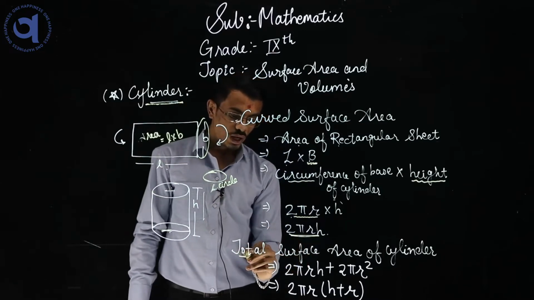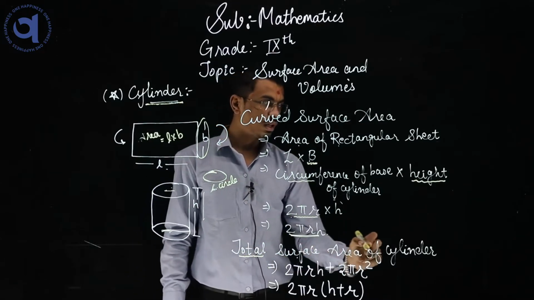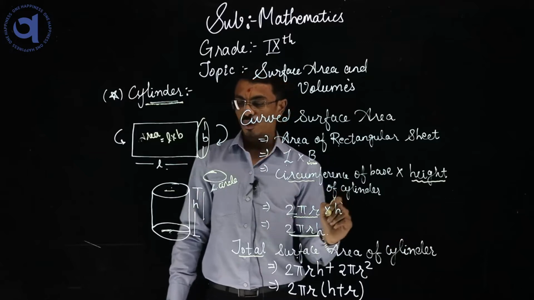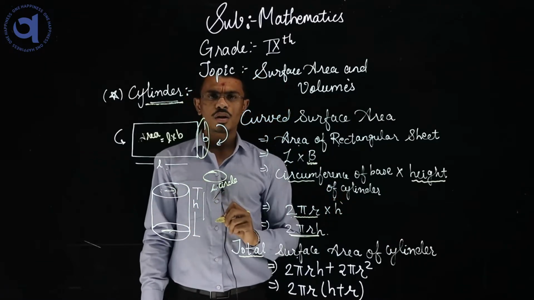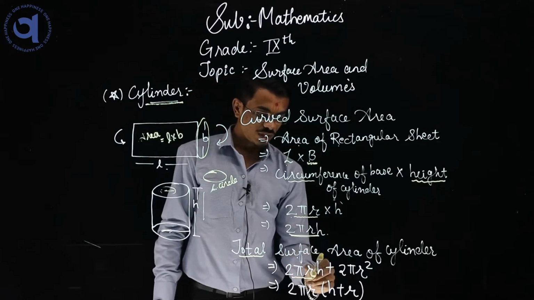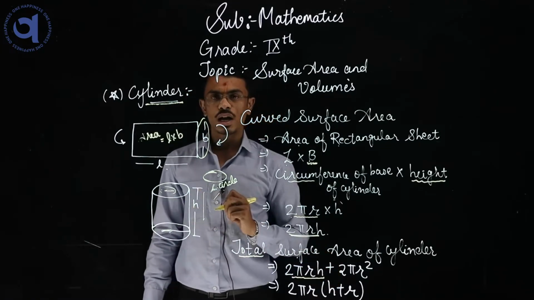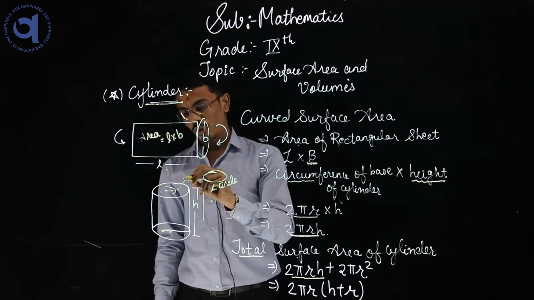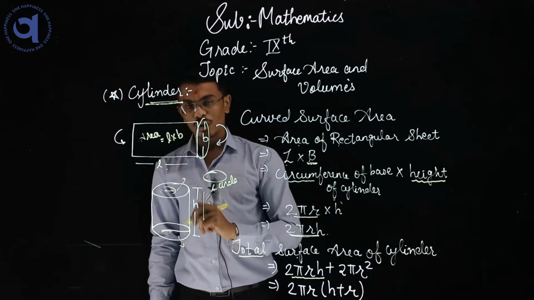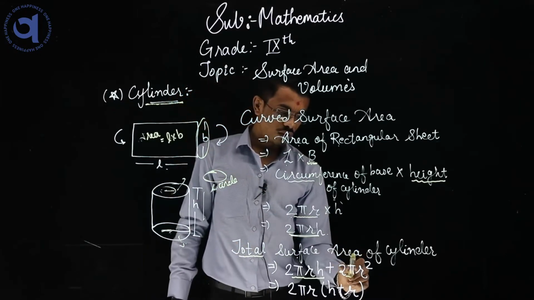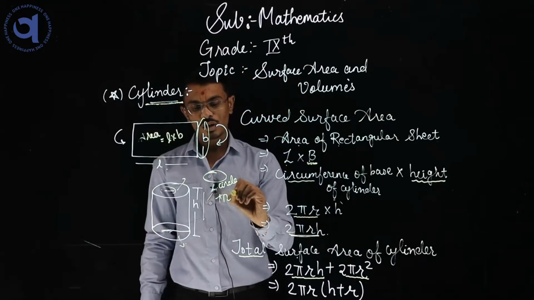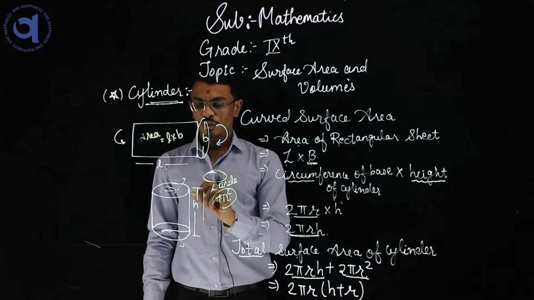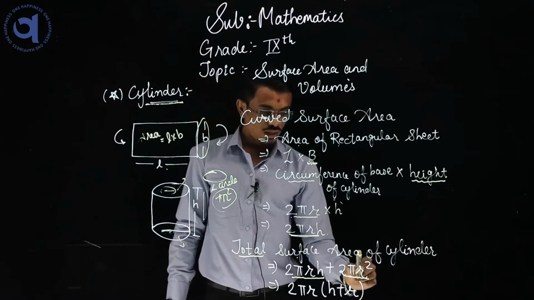So now the new formula: the total surface area of a cylinder. For total surface area we have to close the cylinder from top and bottom. The curved surface area is already there, that is 2 pi r h, and if we want to cover the top and the bottom, we take two circles, that is 2 into the area of a circle, and the area of a circle is pi r square. So we take 2 pi r square here.